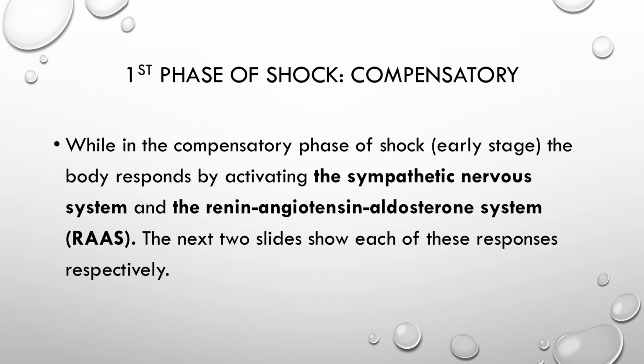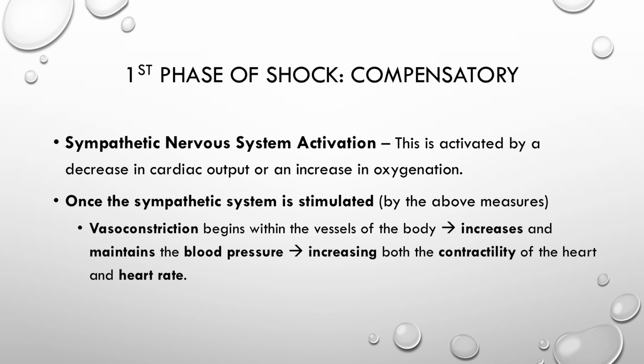So the first phase of shock, compensatory. In the compensatory phase of shock, which is the early stage, the body responds by activating the sympathetic nervous system and the renin-angiotensin-aldosterone system. The next 2 slides will show each respectively. So under the sympathetic nervous system activation, this is activated by a decrease in cardiac output or a decrease in oxygenation.